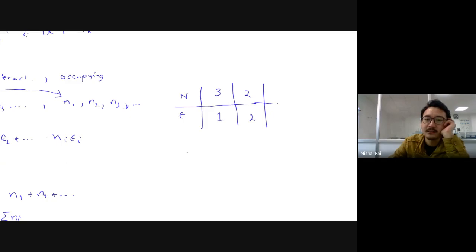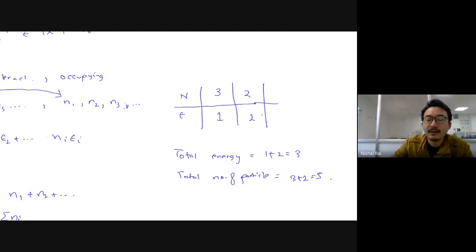The total energy is basically 1 plus 2, 3. And the total number of particles is 3 plus 2, 5. Clear?